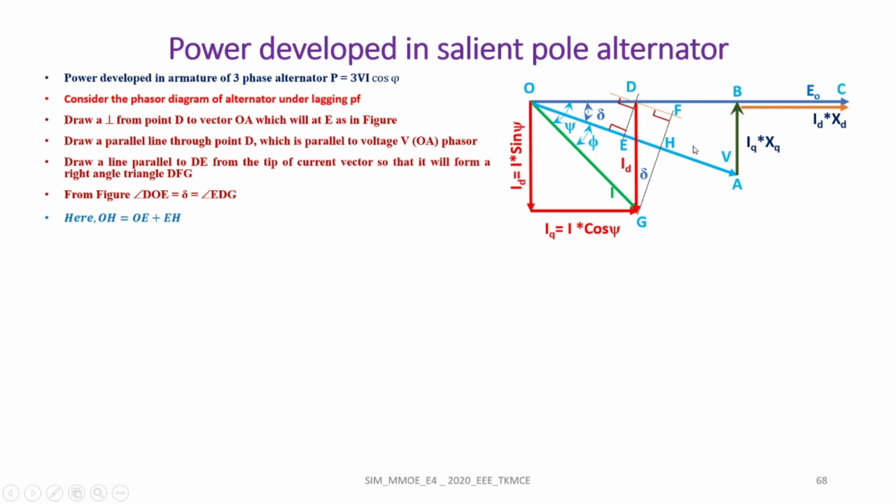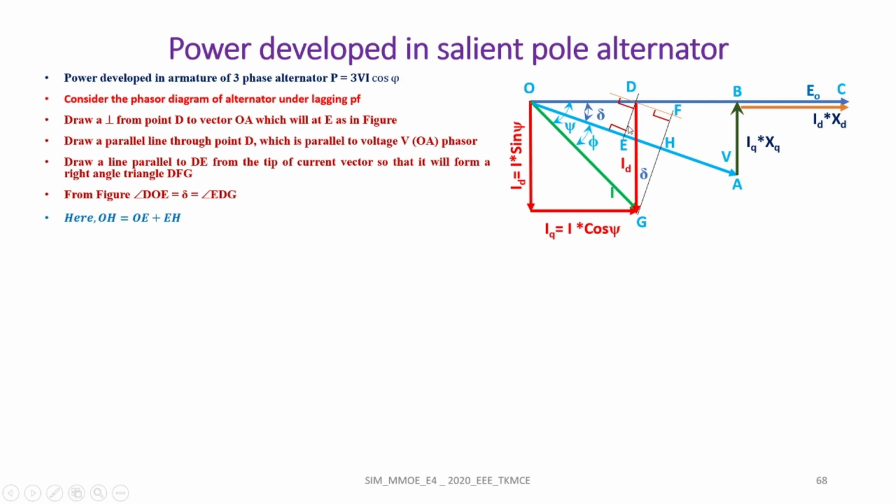Here OH is equal to OE plus EH. In order to find OE, we can consider this right angle triangle OED, and in order to find EH, we can consider this right angle triangle GFD. From this right angle triangle OED, the hypotenuse is IQ and this angle is delta.